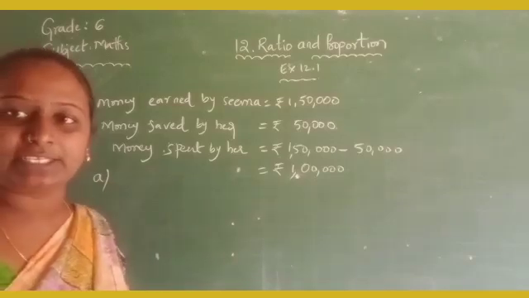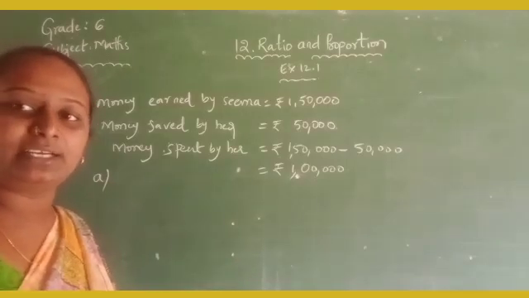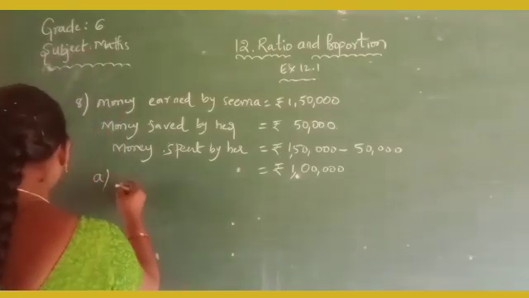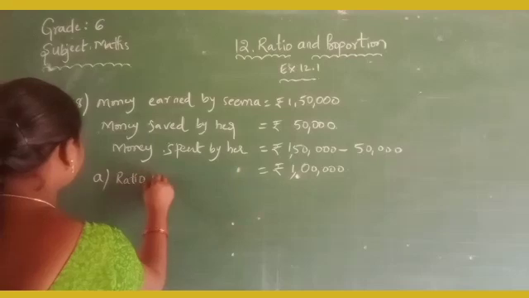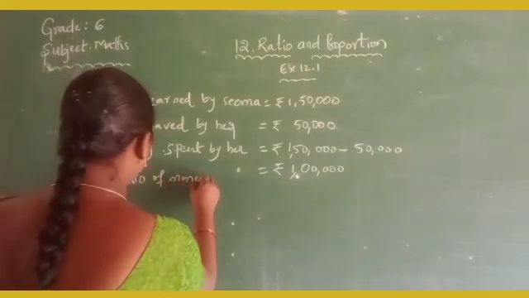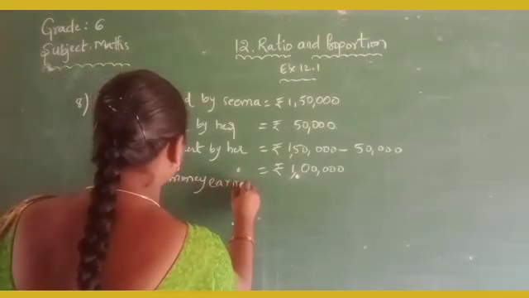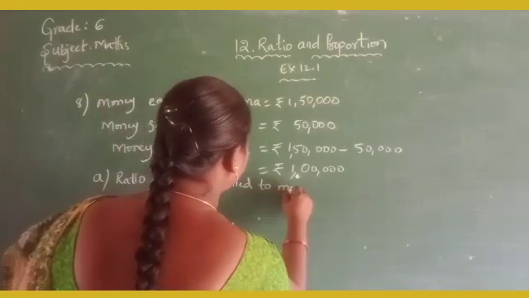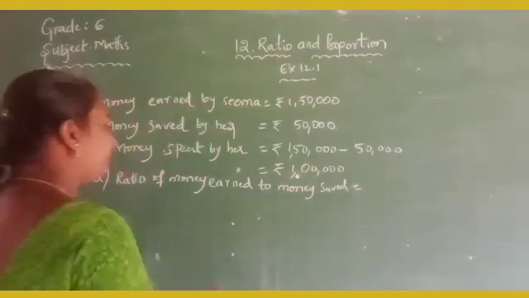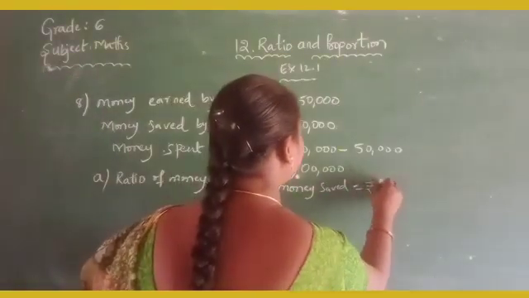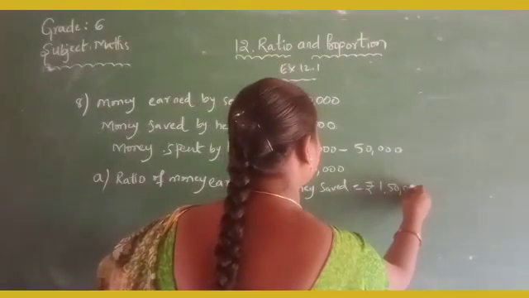Okay, now what is the first question? What do you have to find here? The ratio of money earned to money saved. Money earned, total amount, that is 1,50,000 rupees.